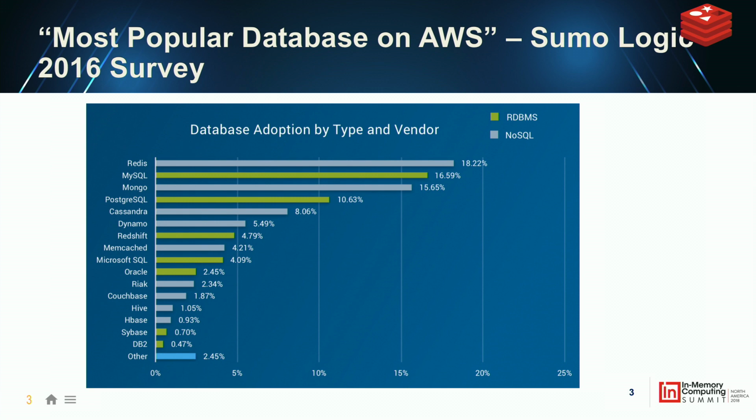Good examples of this would be Twitter. Twitter has thousands of Redis instances. That's far more than anything else they have. And there are companies you may not know about, like Snapchat. About a year ago I heard they were re-architecting to have about 100 terabytes of data in Redis. 100 terabytes.